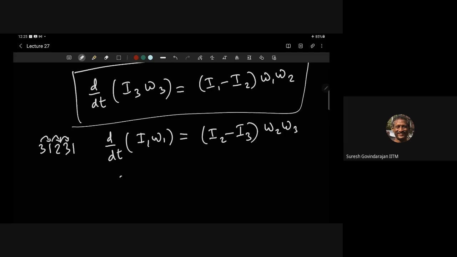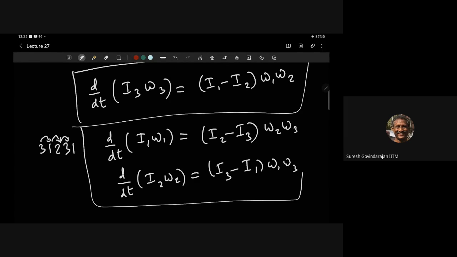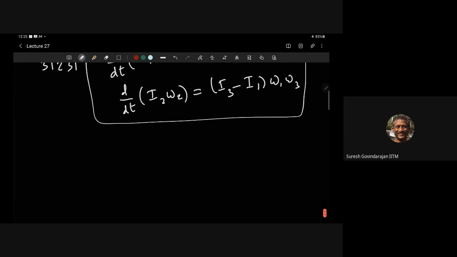Do it one more time: d by dt of I2 omega 2 equals (I3 minus I1) omega 3 omega 1. There's nothing special about 1, 2, and 3. These are Euler's equations for a free rigid body.